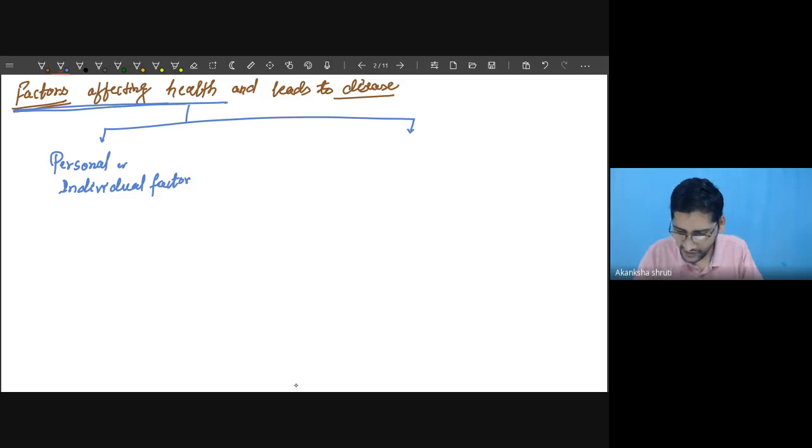The other one is called social or community factors.